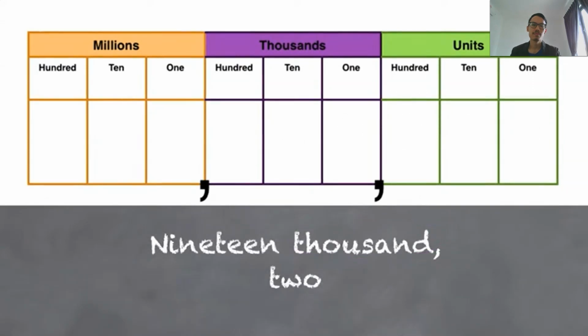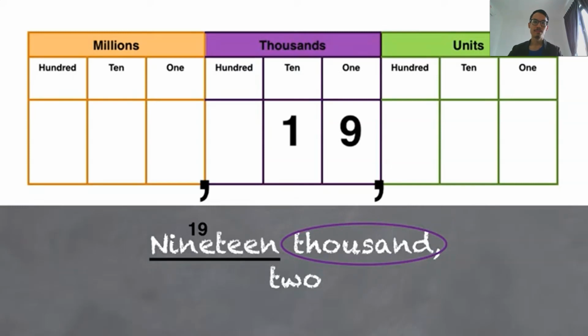Next, let's look at 19,002. Follow the same procedure. Underline the first number, 19, and write the digits for this number. Next, circle the name of the units, which is thousands. I know that I need to write 19 in the thousands units. Now finish underlining the number. 2. Just 2?